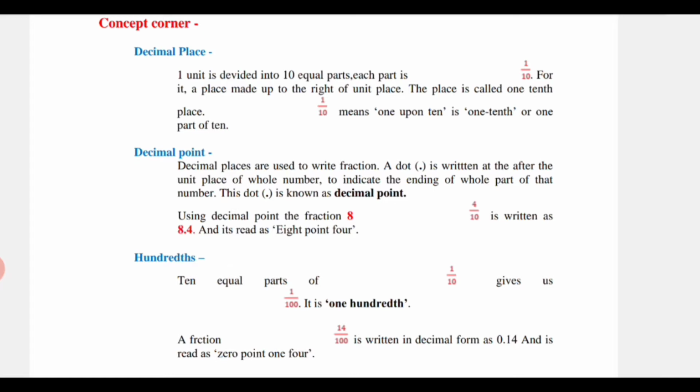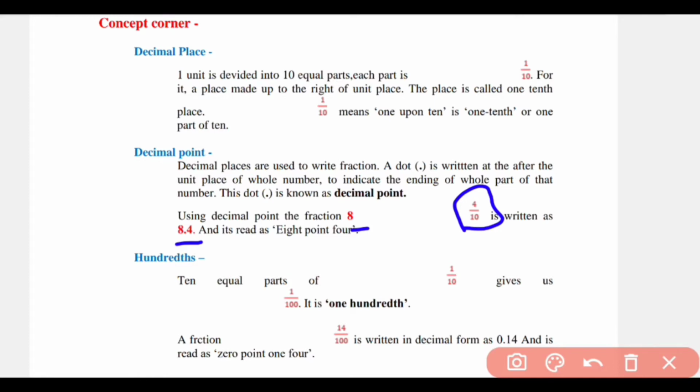Using the decimal point, the fraction 8 and 4 upon 10 is written as 8.4 and it is read as 8.4. So in this way we can write the fraction.